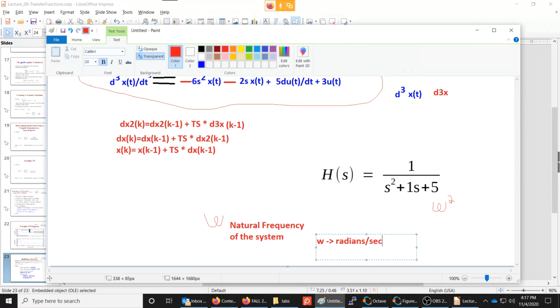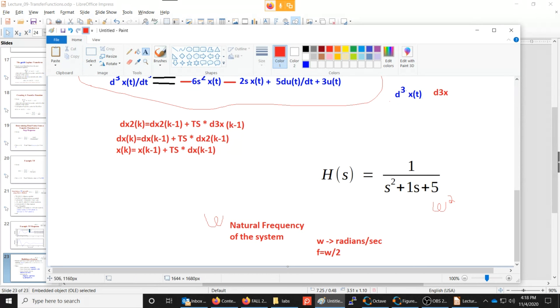So remember that radians are 2 pi, so the frequency is omega divided by 2 pi. Let me draw a pi symbol here.